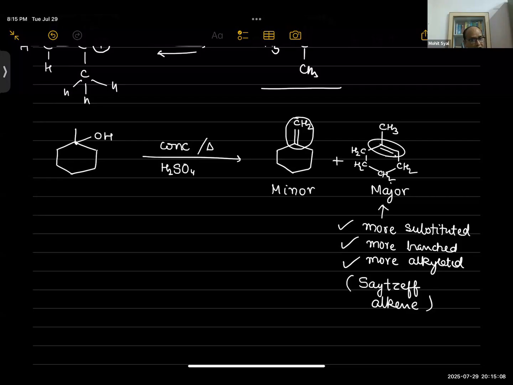And the alkene which has fewer alkyl groups connected to the doubly bonded carbon is less branched or less substituted. This is known as the Hofmann alkene.